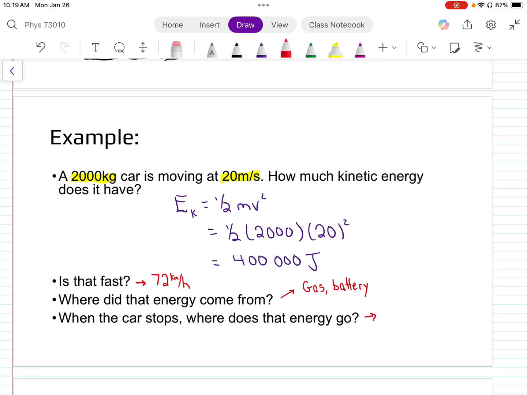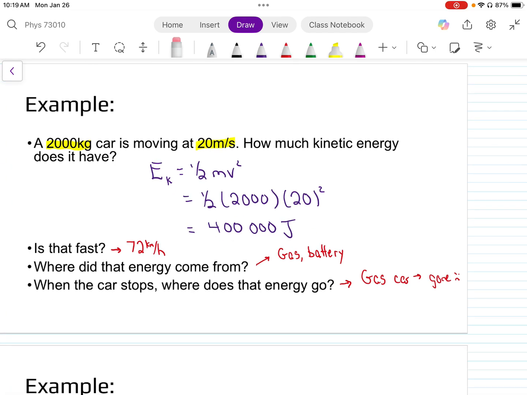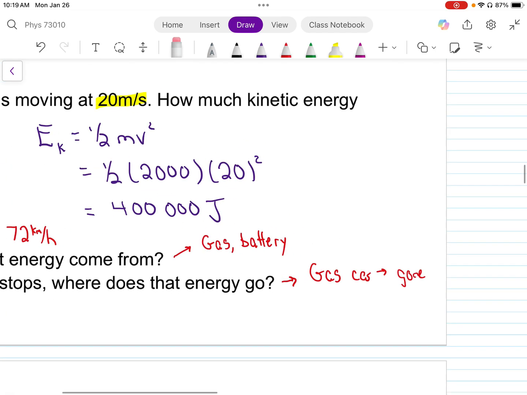If you've got a gas car, that energy's gone. In a gas car, there's no mechanism to get that energy back. The brake pads get a little bit warmer, but it's gone. We can't recharge a gas-powered car.